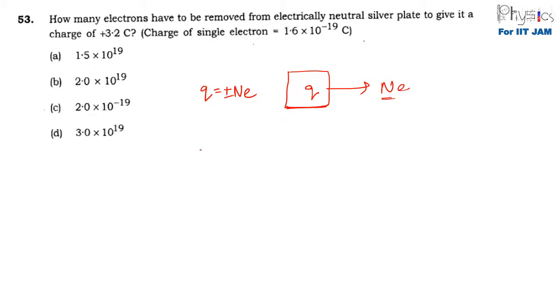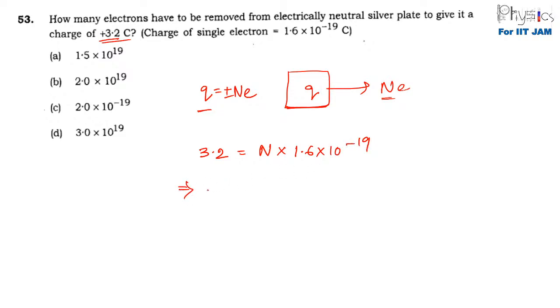So here Q is 3.2 coulomb, right? So 3.2 equals N times e, meaning 1.6 into 10 to the power minus 19 coulomb, right?